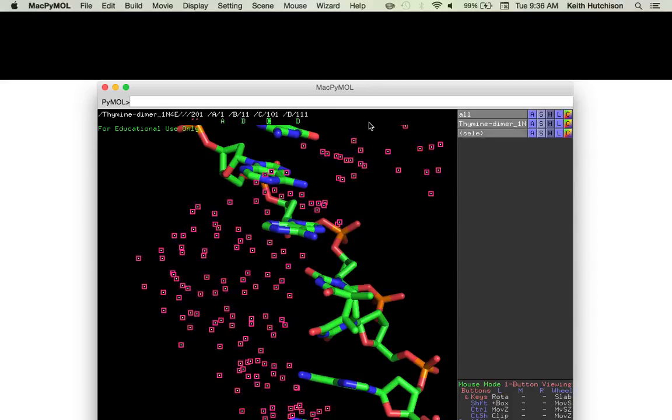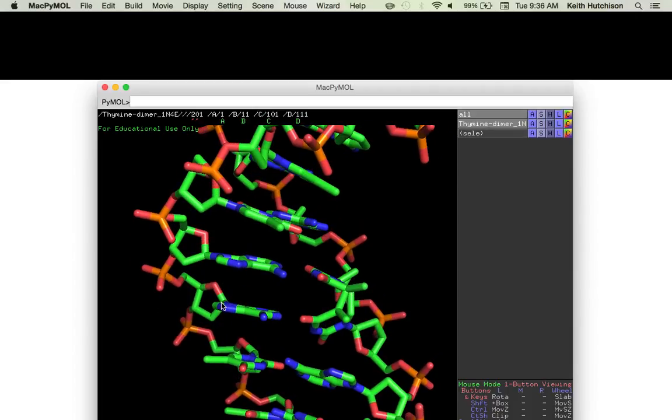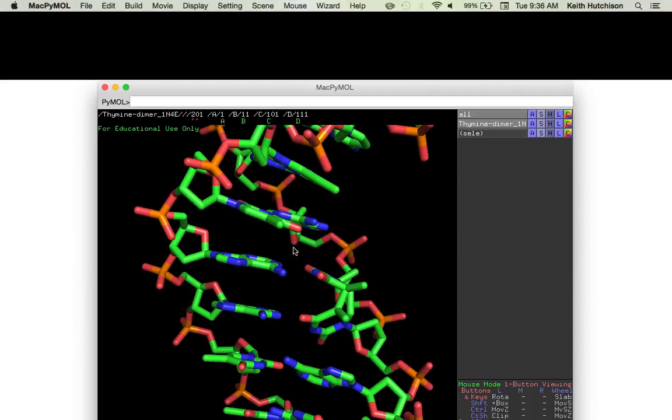So if we were to put in the other strand, you can see that they don't match up perfectly. They're coming up at an angle and down at an angle relative to the bases on the other side. So there's mismatch, and this disrupts replication when the cell tries to replicate the DNA.